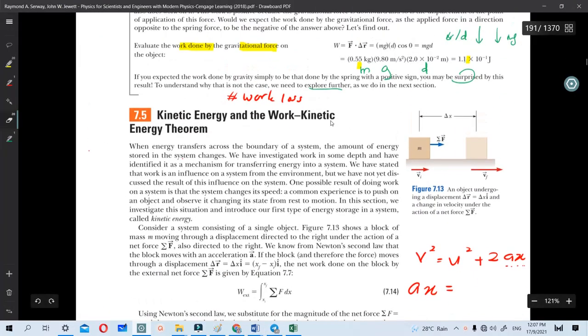Alright, so previously, you have seen how to calculate work by using, in fact, 3 methods. Number 1 is by concept: F and delta R must be parallel or anti-parallel. Therefore, you arrive with F delta R cos theta.